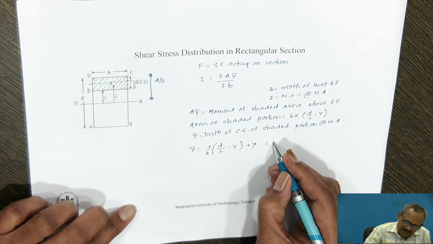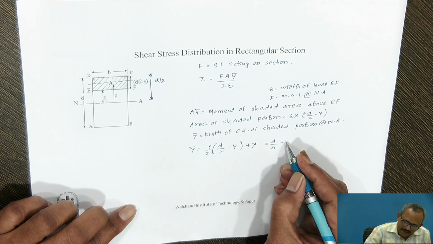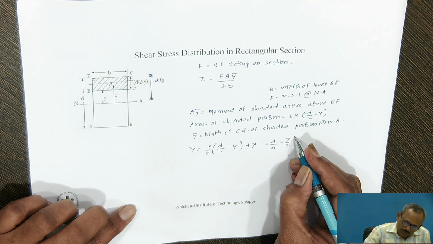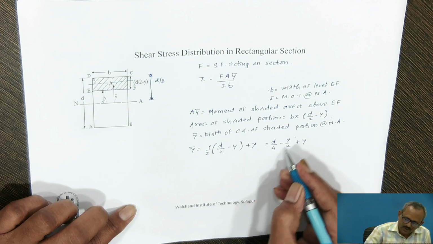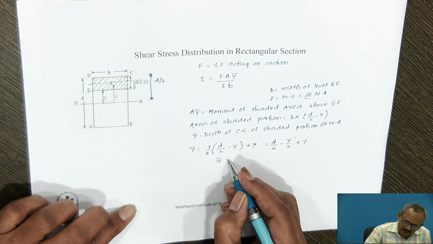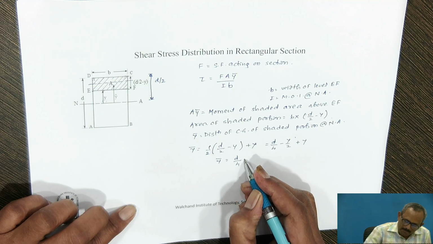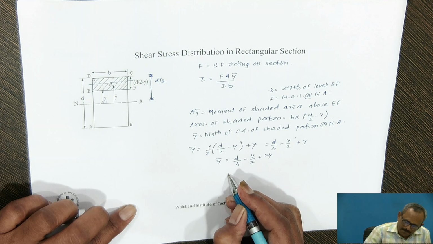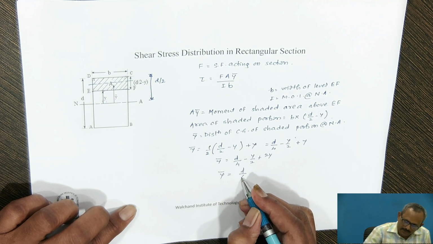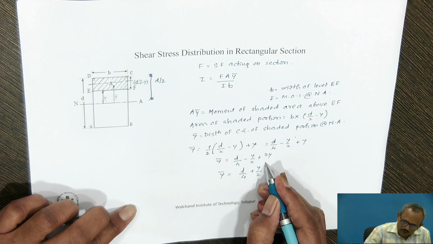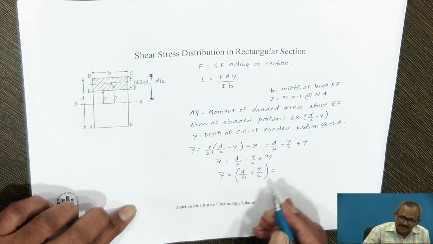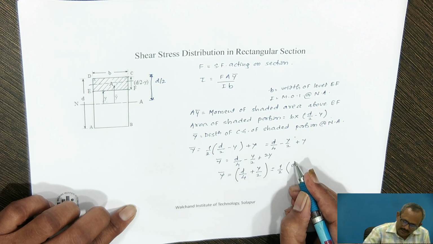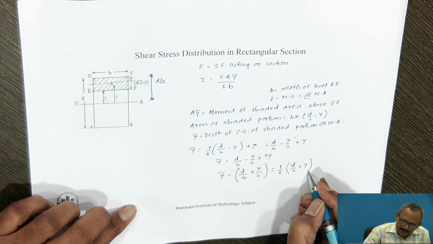By solving this equation, you will get d by 4 minus y by 2 plus y. So you can solve this equation, d by 4 minus y by 2 plus 2y, and hence y bar is equal to d by 4 plus y by 2. Taking 1 by 2 outside the bracket, you will get 1 upon 2 into d by 2 plus y.